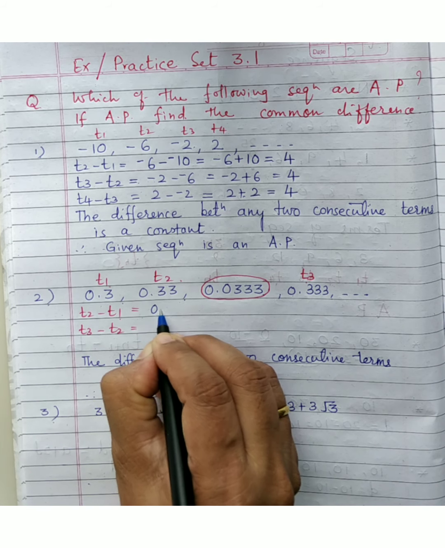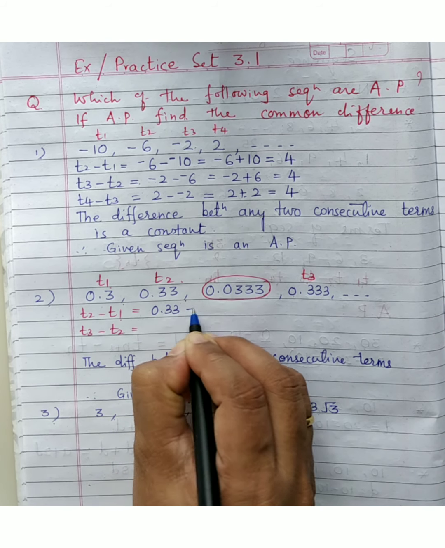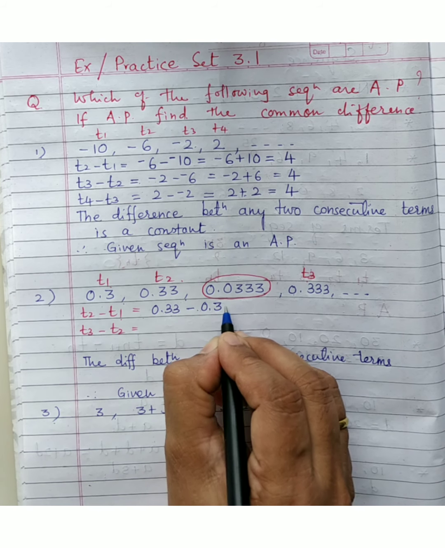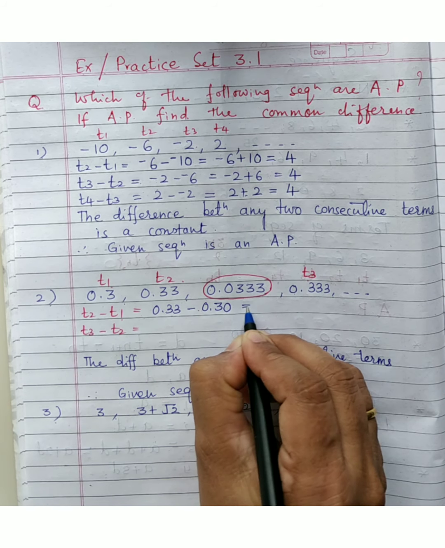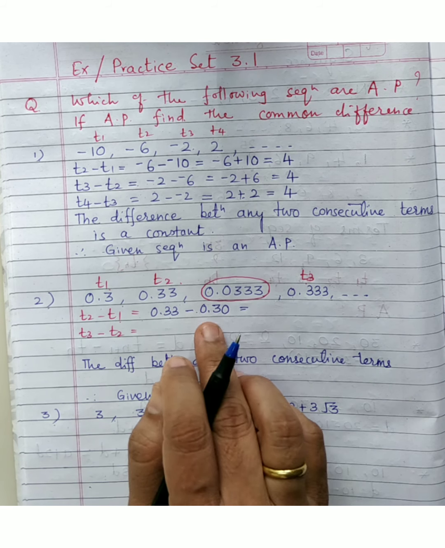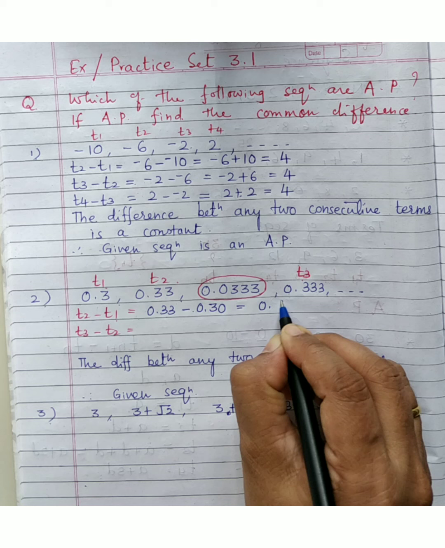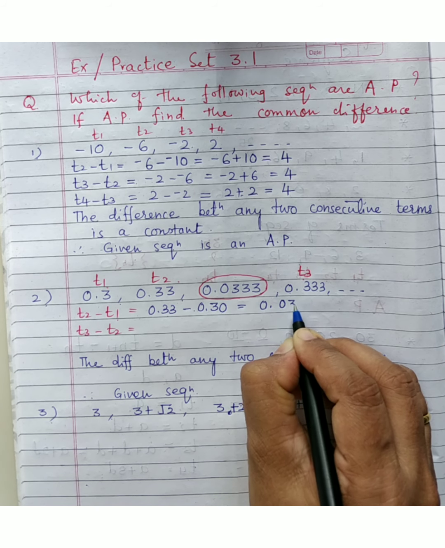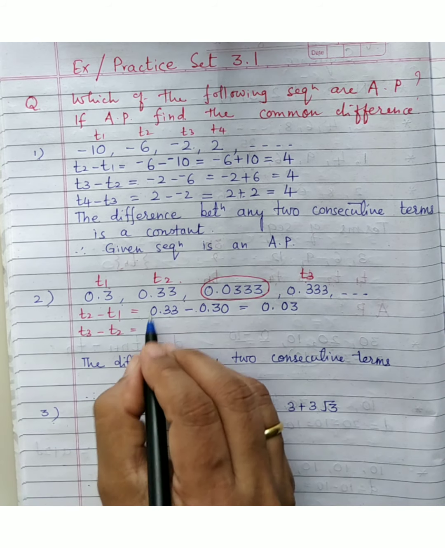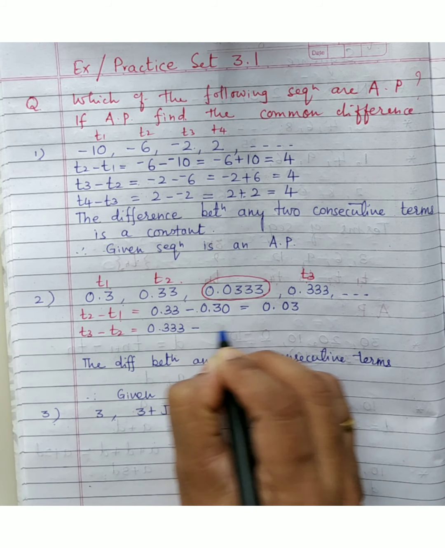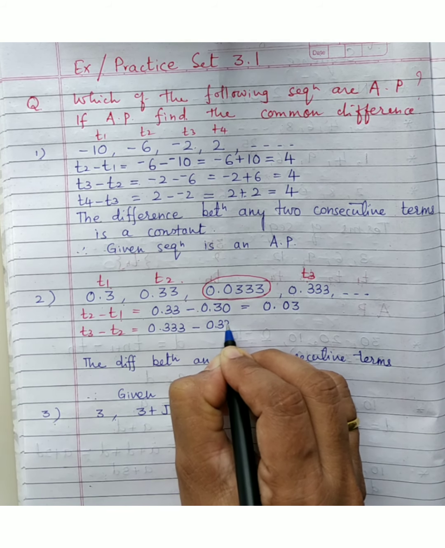So T2, 0.33 minus 0.3. See, there are 2 decimal places here, so add a 0, you know it. So 0.33 minus 0.30. What is the difference? 0.03. Next is 0.333 minus 0.33.